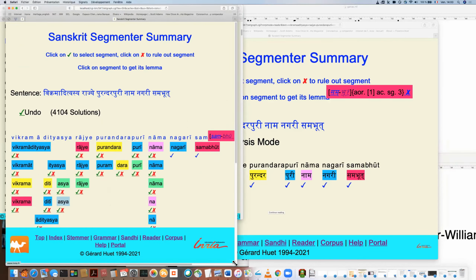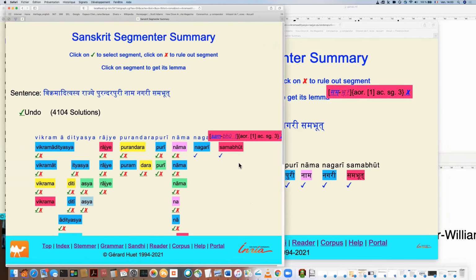If you look instead in the French dictionary, then you will have a lot more structure.